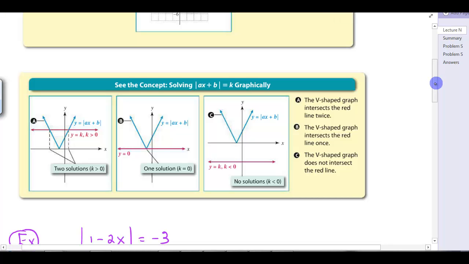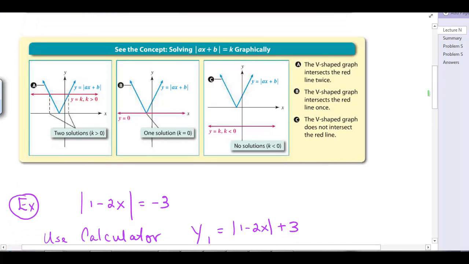All right, so when you're solving these graphically, because that's what we're going to do, we're going to be using our calculator to solve these. When you solve them graphically, you could have two solutions if you have two places where it crosses the x.